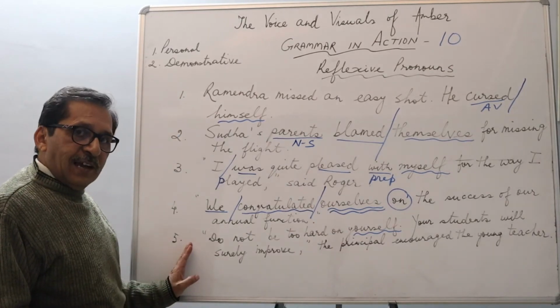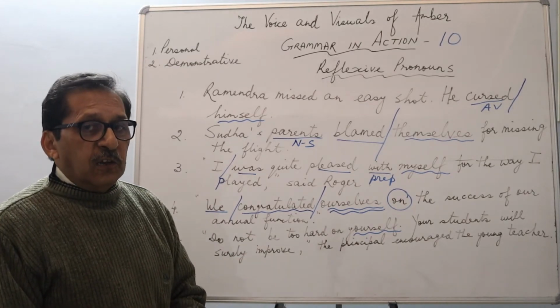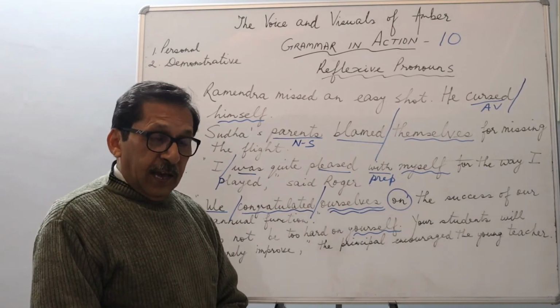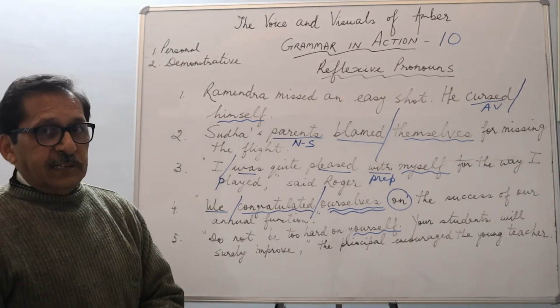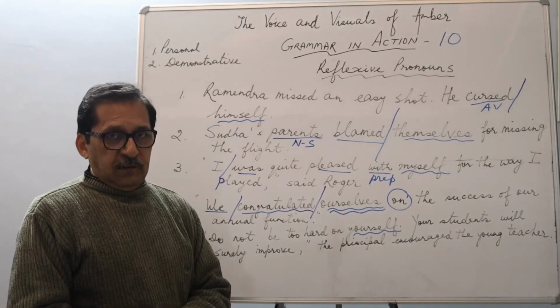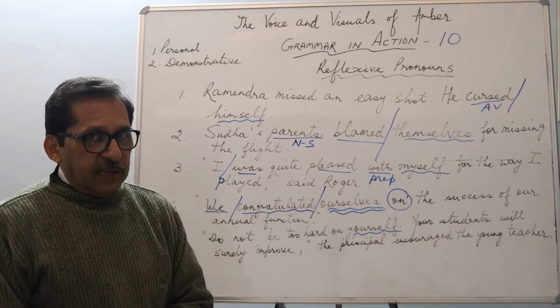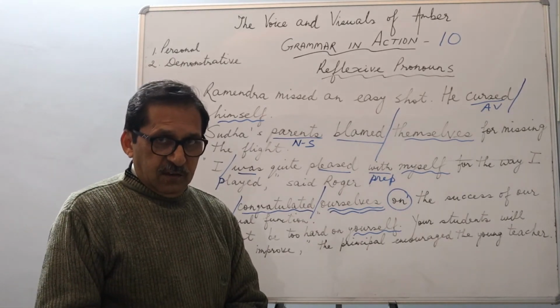And let's look at the last example. Do not be too hard on yourself. See, whenever I go and conduct a teacher's orientation program, I always tell the teachers, you do your best. You be very sincere, but then don't be too hard on yourselves.